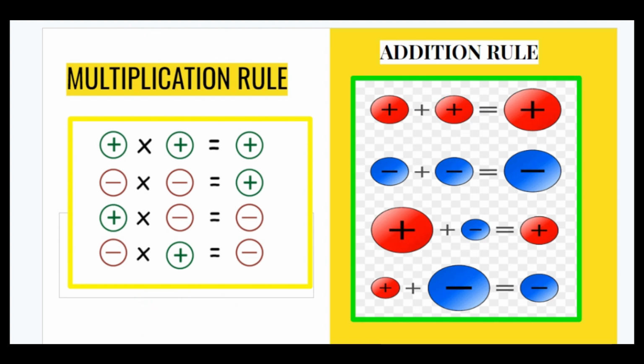Okay guys, in multiplication I told you how to handle your signs. But in addition, let's do some examples. You know that 2 plus 2, everybody knows, equals 4, right? So why is it 4? Because both numbers have a plus sign. If I have 3 minus 2, what is my answer? 1.